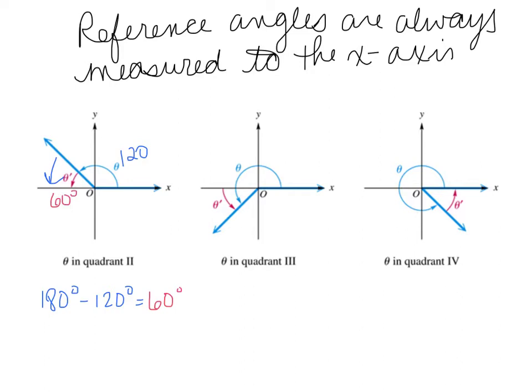In the second one, we could call theta 218 degrees. Well, the reference angle here starts at 180 and continues beyond it. So I would say 218 minus 180 gives us a reference angle of 38 degrees.